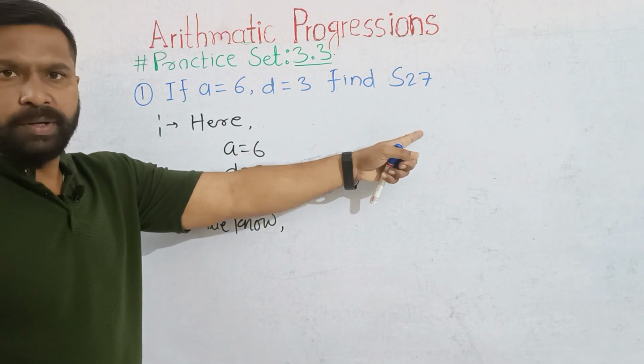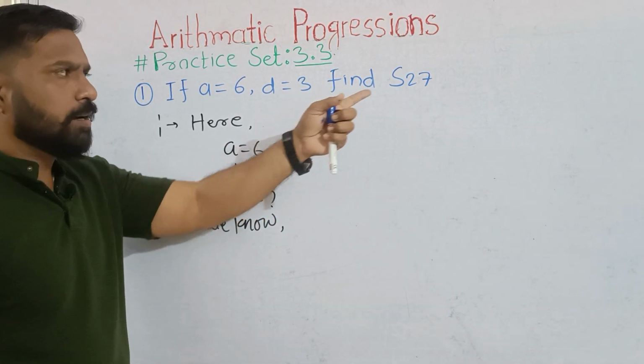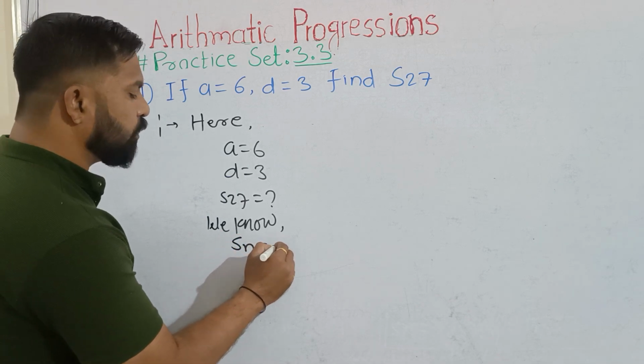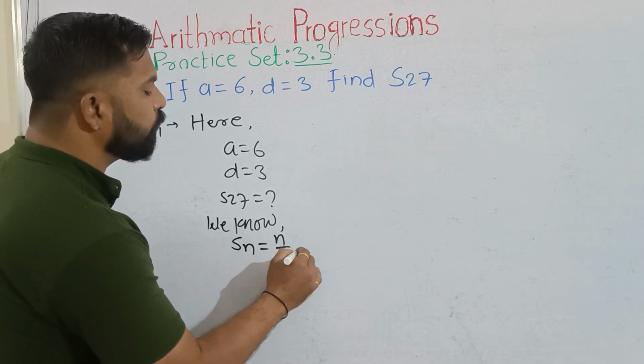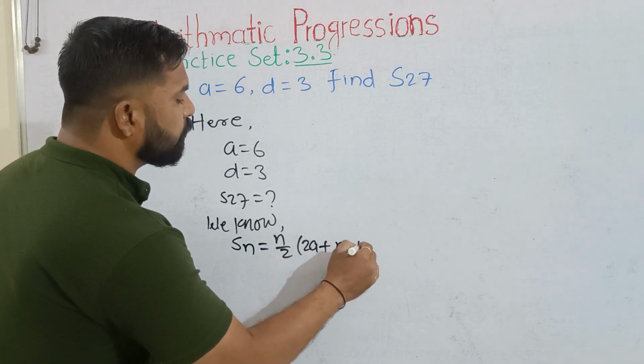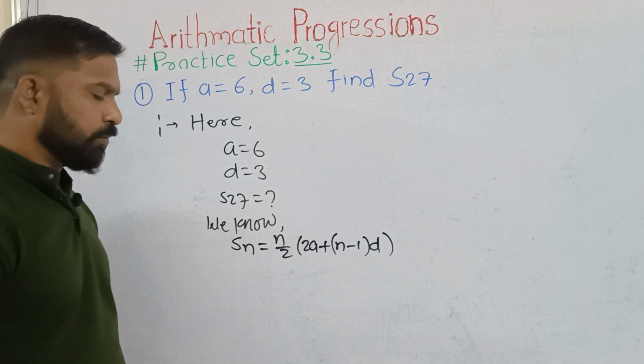We know the first term, we know the common difference. Directly we can use the formula Sn is equal to n by 2 into 2a plus n minus 1 into d. This is the formula we know.